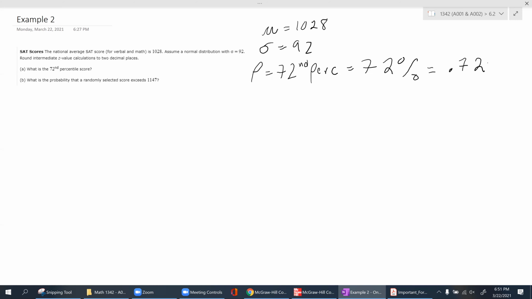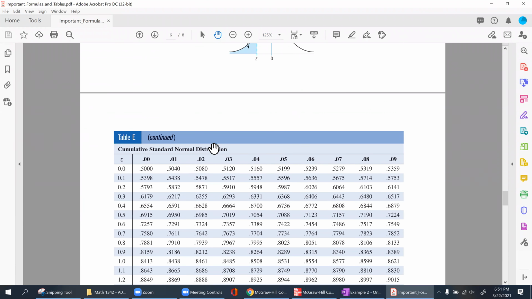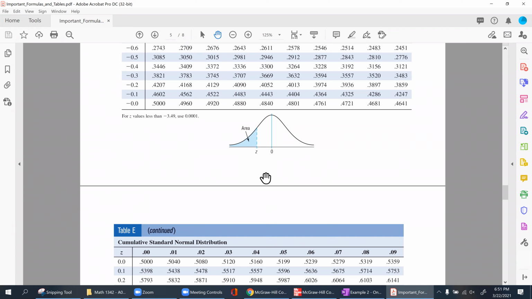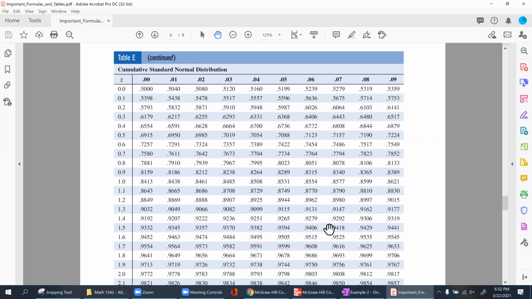So now what I need to do is find the z value that corresponds to 72%. We look at our z-score table, and 72 is greater than 50%, so I know this has to be on the right-hand side, because the halfway point is 0.50 or 50%. We work backwards by finding 0.72 in here.